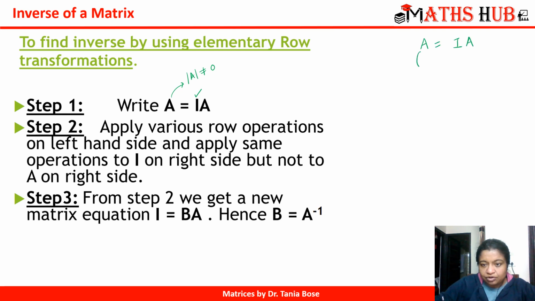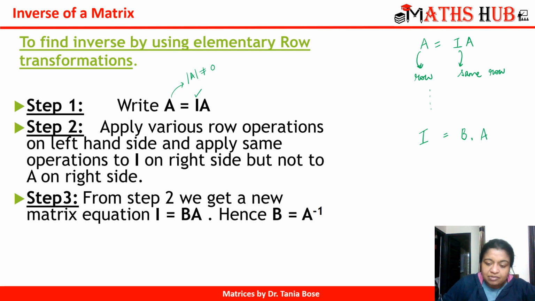By applying the row transformations, after a finite number of steps, we need to make this A into I. Obviously I will not remain the same, it will get converted to some matrix B, and we have A along with it, right?